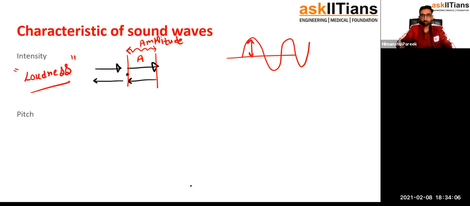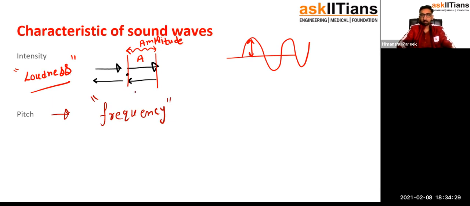Similarly, I have also told you about the pitch. It's just a quick revision we are doing right now. Pitch is basically determined by the frequency, high pitch, low pitch. I gave you the example of Lata Mangeshkar's voice and A.R. Rahman's voice, if you remember correctly. A.R. Rahman's voice has a low pitch, it's a heavy voice, right?